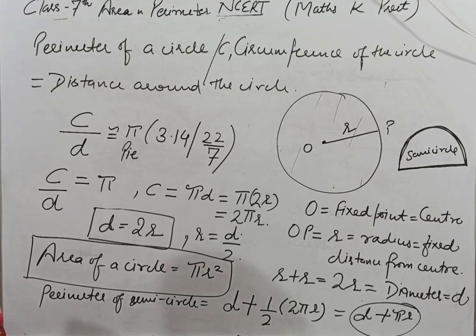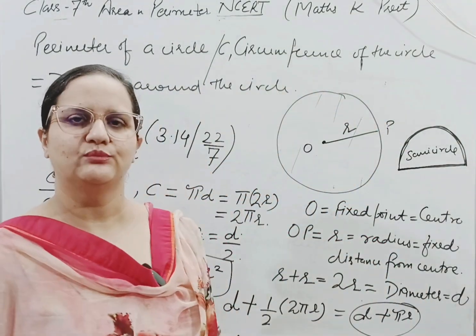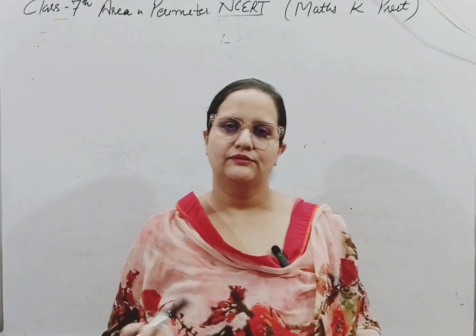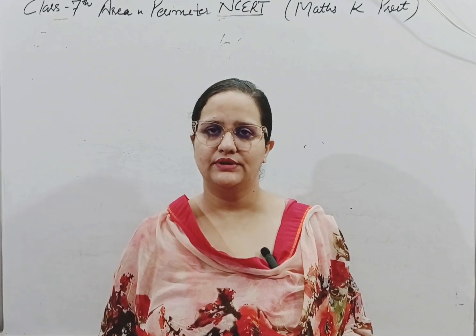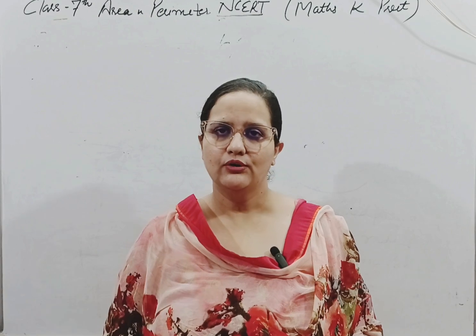Let's see a few questions related to this concept, circle. This is from exercise 11.3. If I am given the radius, suppose 30 centimeter, and I have to find the perimeter or circumference of that circle, I'll put the value of r, that is 30, in the formula 2 pi r.